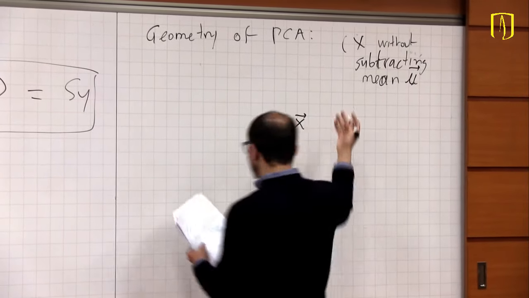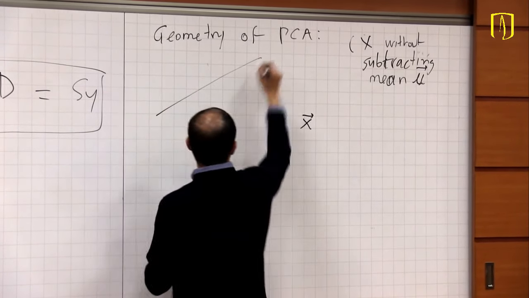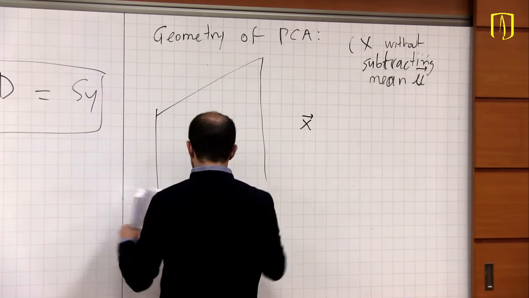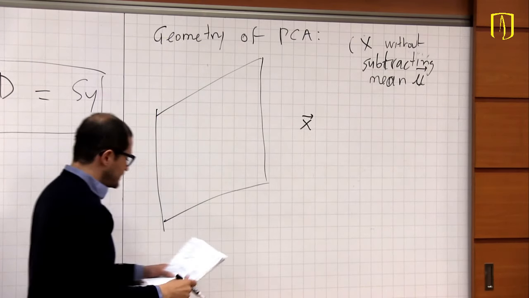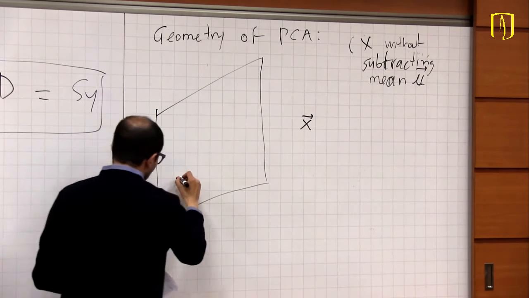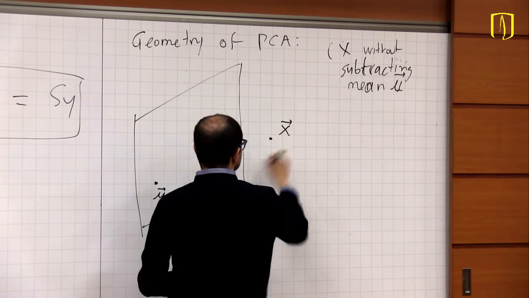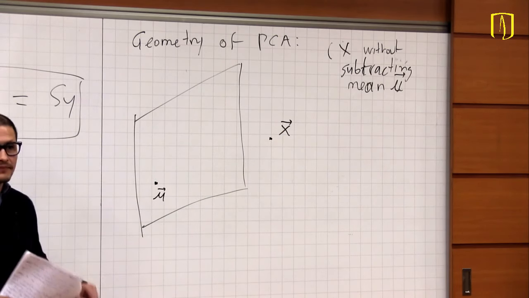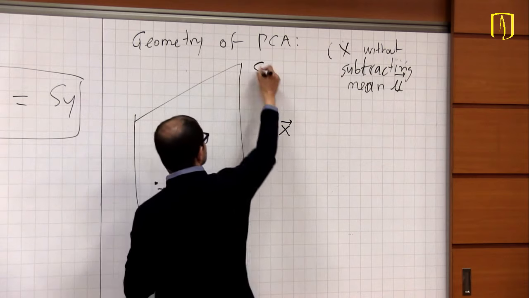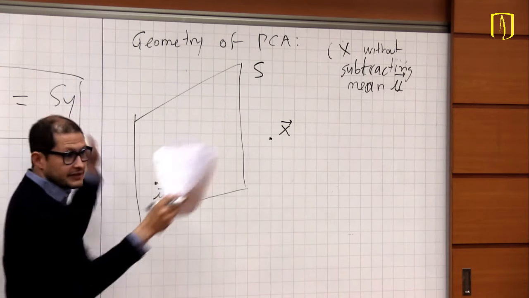We have this point here, and then a subspace that looks like this, and let's say that the mean belongs to the subspace. This is my vector mu, this is my point x, and my subspace S is this plane here.